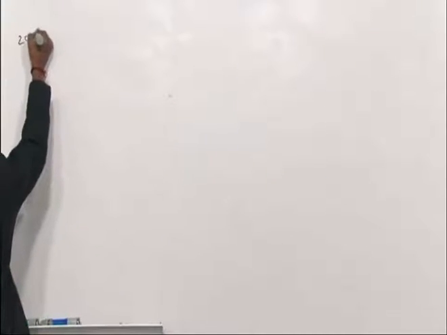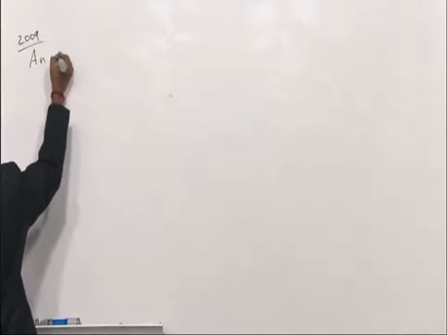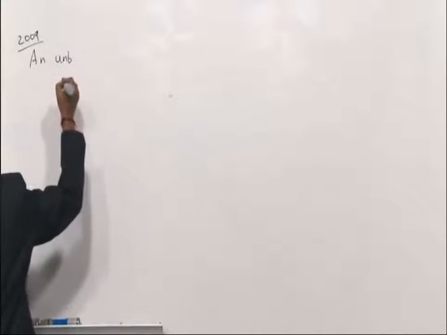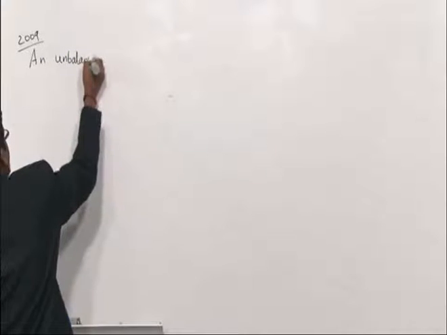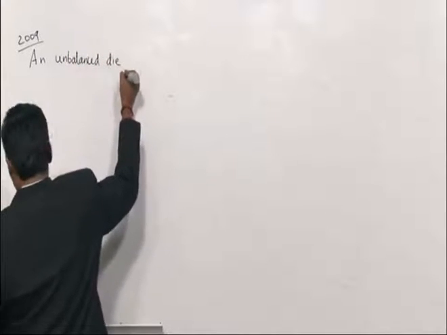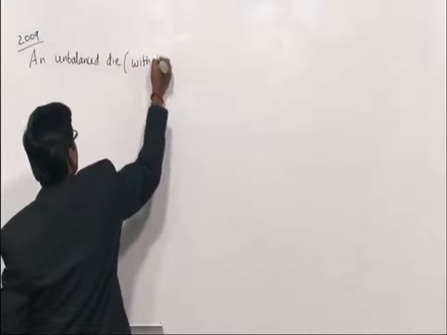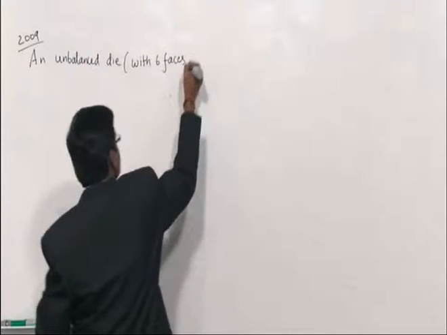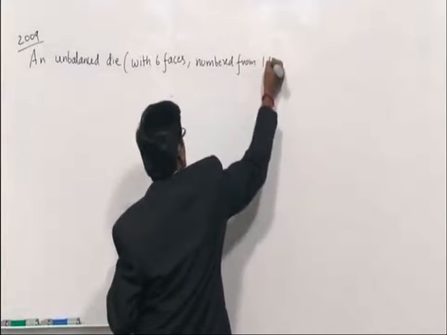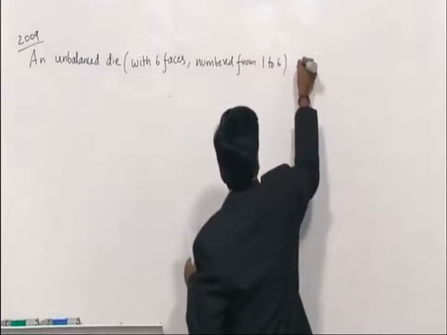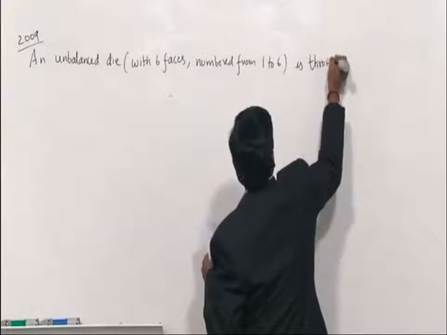The next one is (2009), 2 marks. An unbalanced die with 6 faces, numbered from 1 to 6, is thrown.